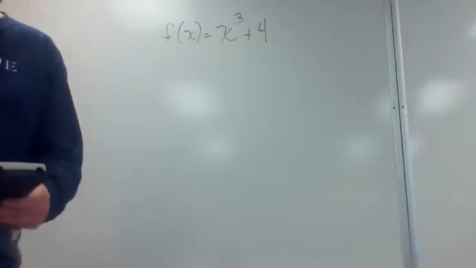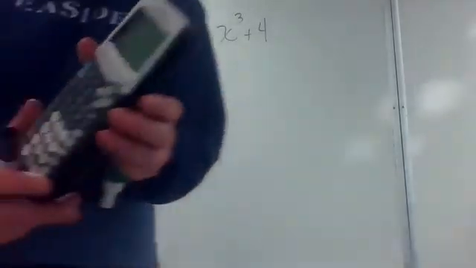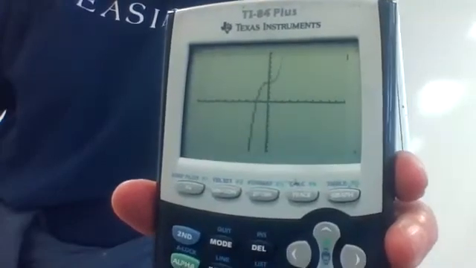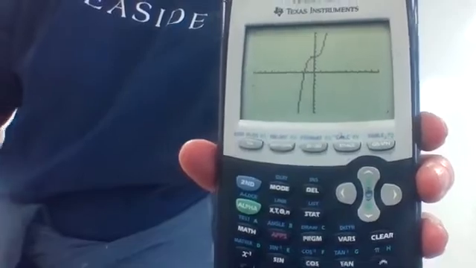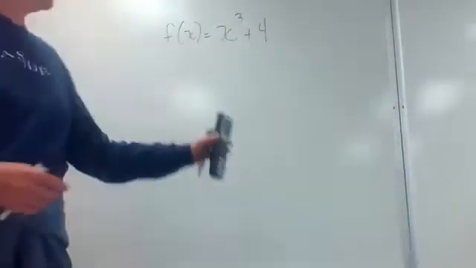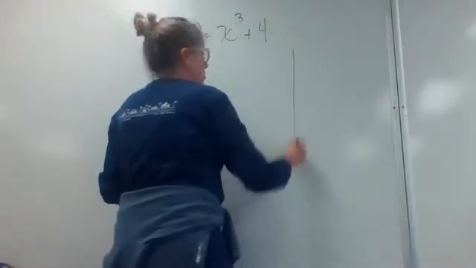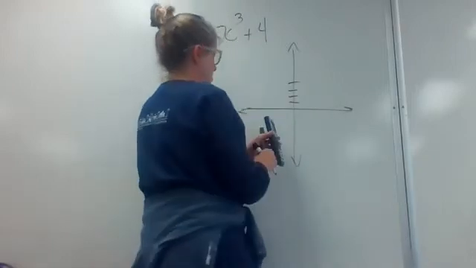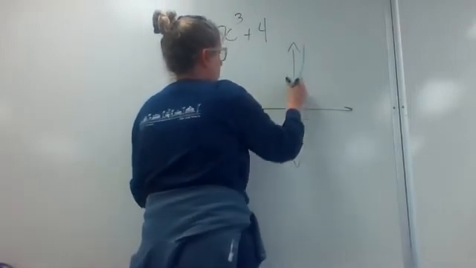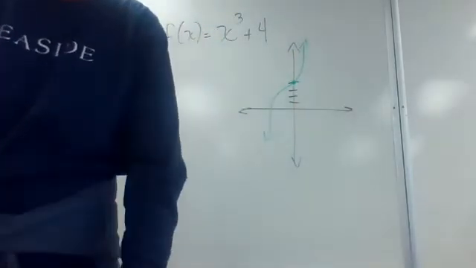X to the third plus 4 and graph it. Remember, it's multiple choice graph. So remember what that x cubed shape is. It's that squiggle line. And what does this plus 4 do to it? Shifts it up 4. So you will be choosing the graph that has that x cubed shape shifted up 4.